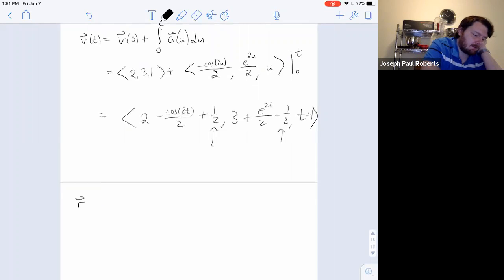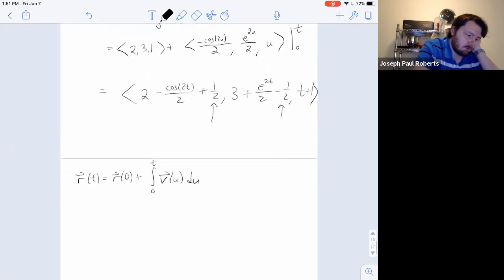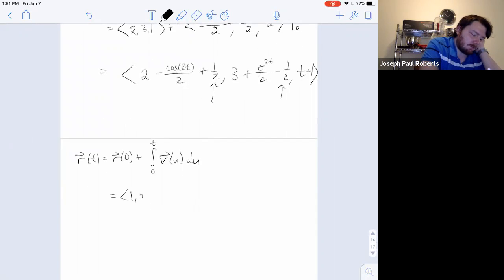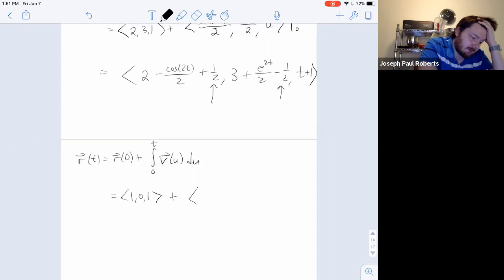And then you do the same kind of thing, that r of t is going to be r of 0 plus the integral from 0 to t of the velocity function. So r of 0 we told you was supposed to be 1, 0, 1. And then antiderivative of that is going to be what? 5 halves u minus sine of 2u over 4, 5 halves u plus e to the 2u over 4, and then u squared over 2 plus u.